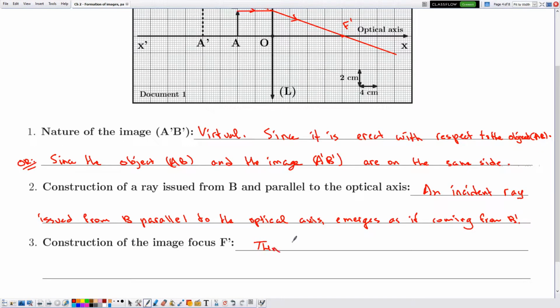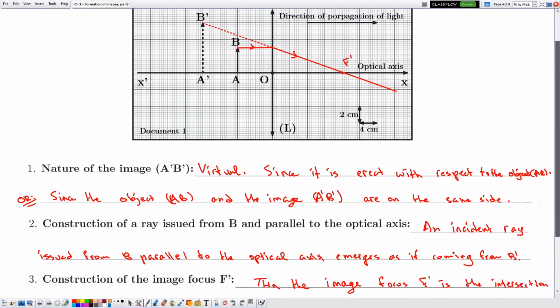Then the image focus F prime is the intersection of the emergent ray with the optical axis.